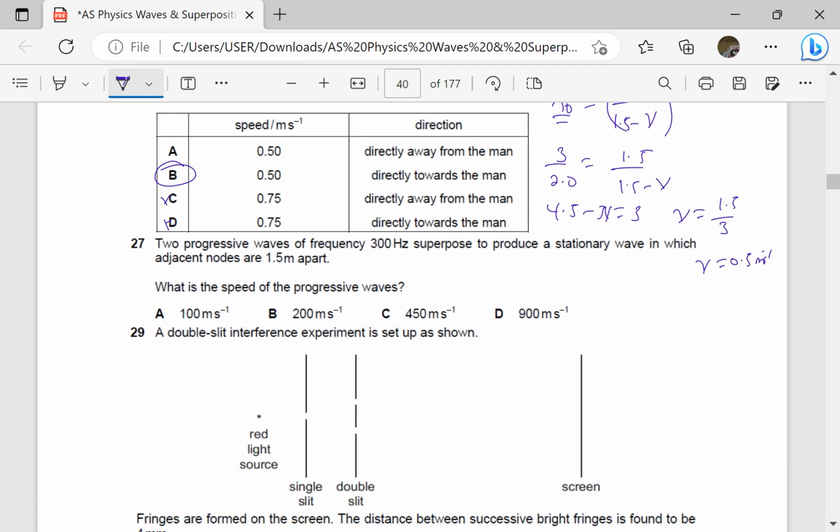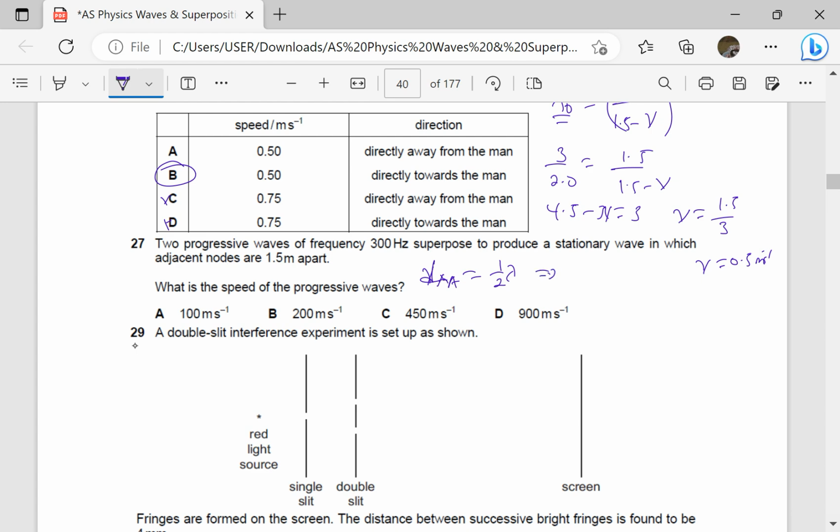Two progressive waves of frequency 300 Hz superpose to produce a stationary wave in which adjacent nodes are 1.5 meters apart. What is the speed of the progressive wave? So we want speed. They said adjacent nodes are 1.5 meters apart, so the distance between two adjacent nodes is equal to half wavelength.